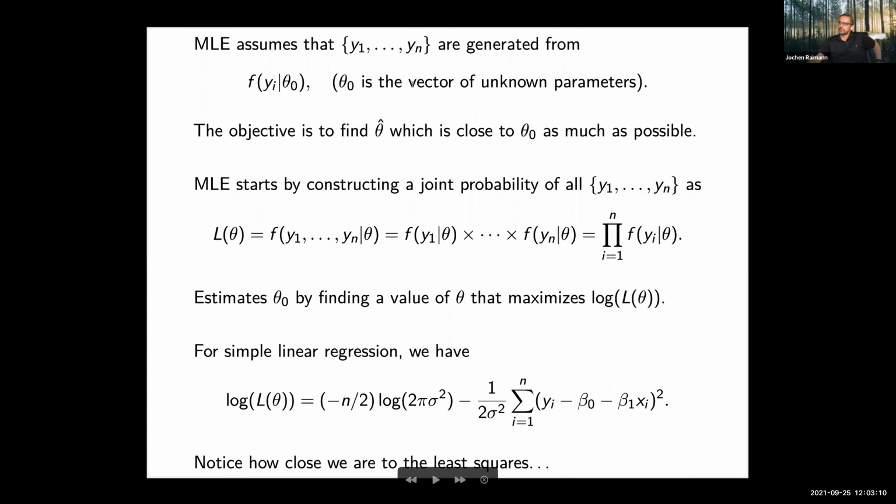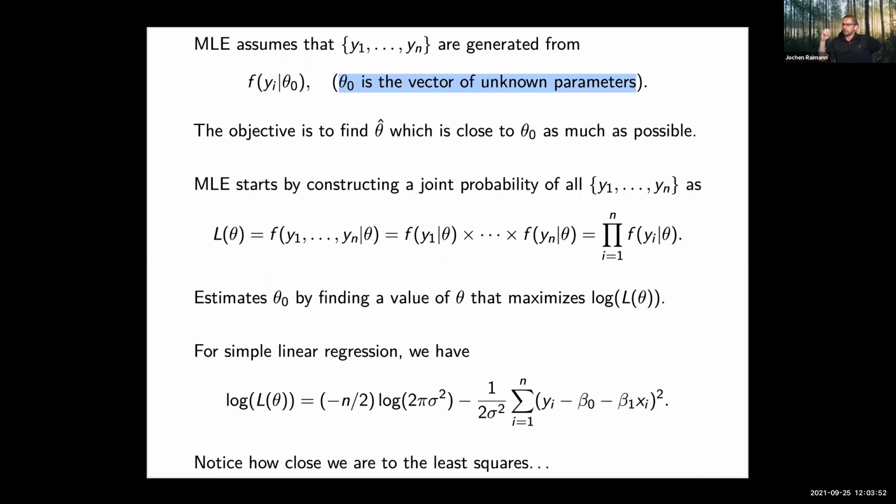By that, we're getting to the point that all yi to yn are generated from this function of yi and theta 0, where theta 0 is a vector of unknown parameters. The idea here is to use this theta hat to be as close to theta 0 as possible. Now you're coming into the realm where you develop a probability function for each of your entries.